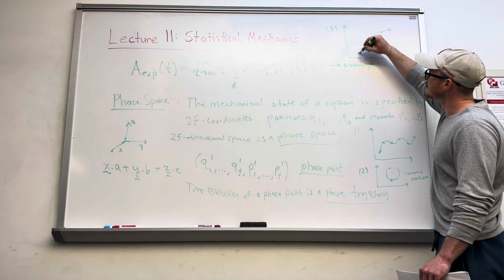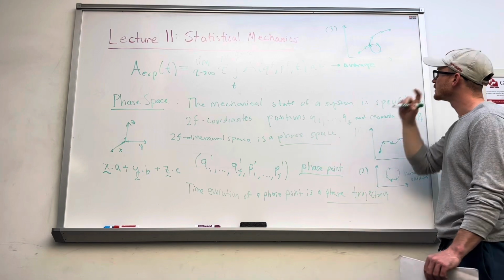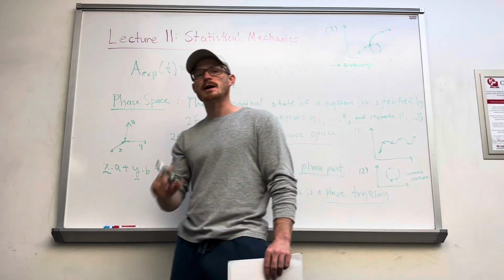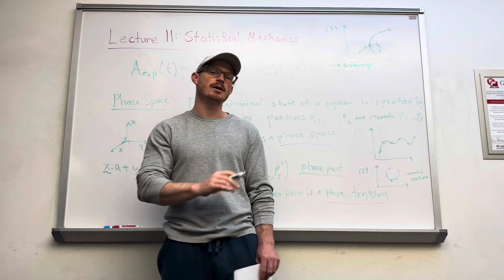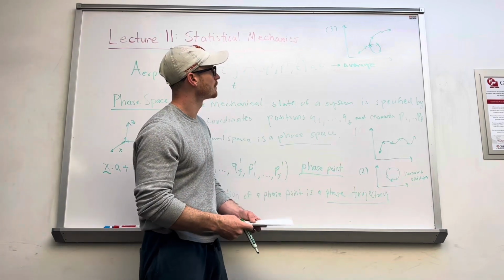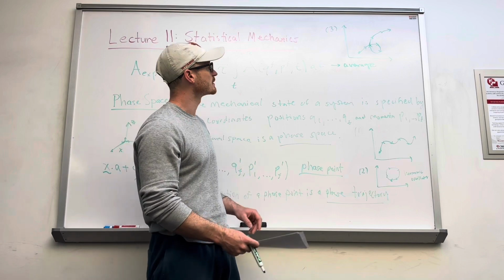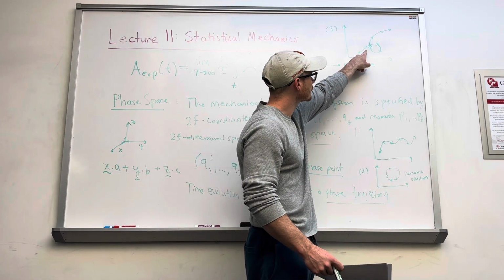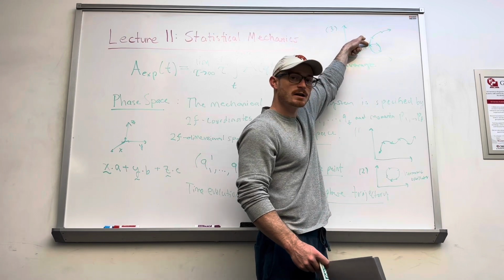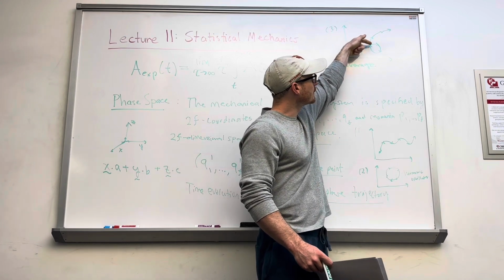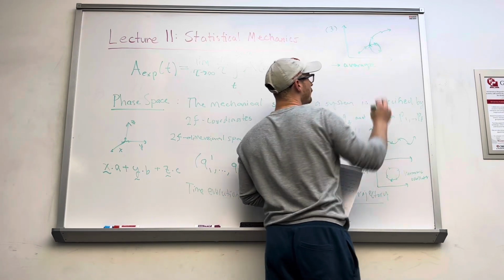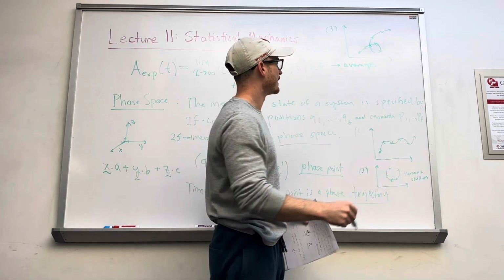The reason that this cannot happen is because the Hamiltonian of the system should fully specify the time evolution of the particle in the system, or of the phase point in the system. So if you were traveling along this path and you hit this point, and at one point you went in this direction, well, the Hamiltonian should fully specify that.